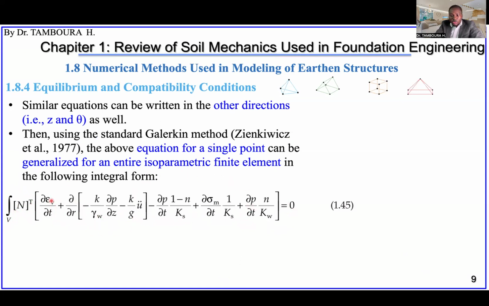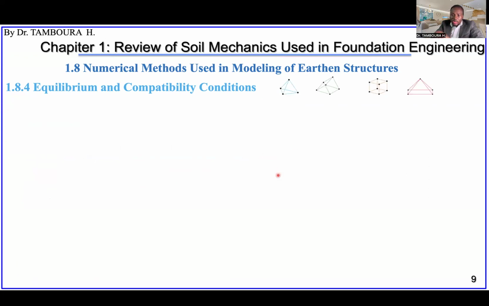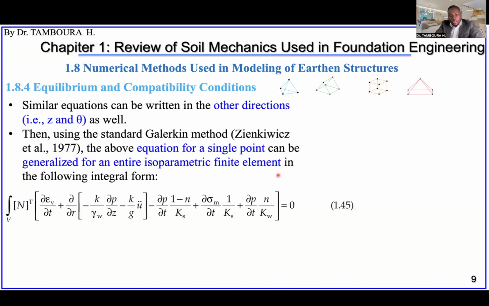Let me go back to show you this one. So this is for just one given point. This equation is for one point only. So we can integrate, summarize to obtain it for a total given volume. Integration. And it should be 0 because we should satisfy equilibrium.